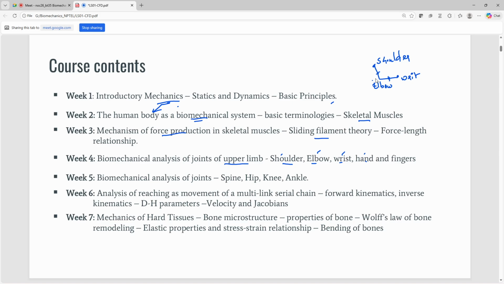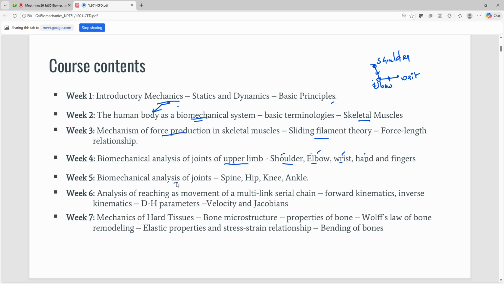So how these links can move with respect to the joints. Here the joints are shoulder, elbow, wrist, etc. There are something called degrees of freedom. Our shoulder joint or elbow joint don't have any translational degrees of freedom, but mostly rotational degrees. So how rotation of one particular joint affects the motion of the succeeding link. That's how we will be analyzing joints of the upper limb.